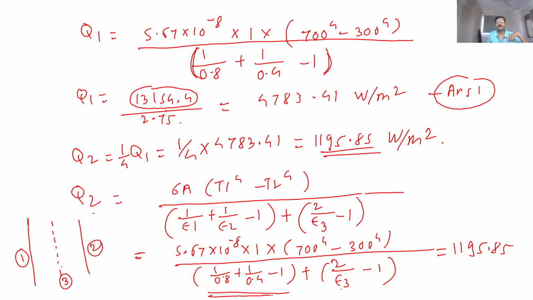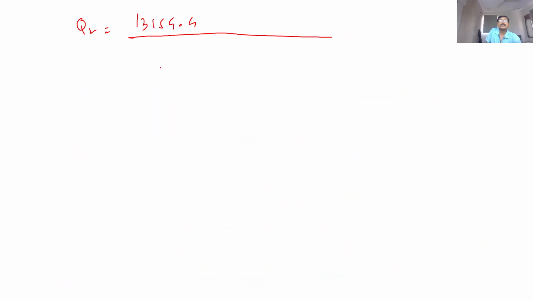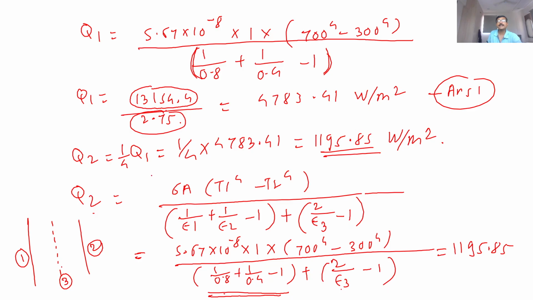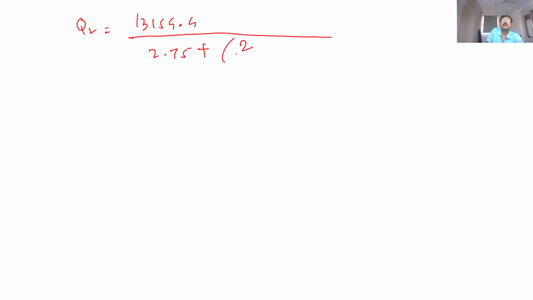Look at this. This is already known, that is the denominator in case 1, 2.75. So see the benefit of separate calculation: sometimes you avoid calculating again and your time is saved. Plus 2 by epsilon 3 minus 1, and the value of Q2 is 1/4 of Q1, that I know, 1195.85. Now let's do the cross multiplication.